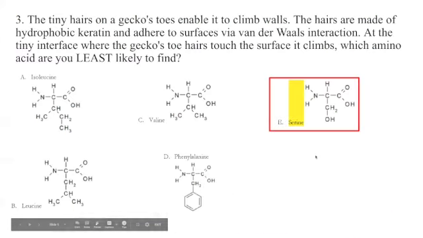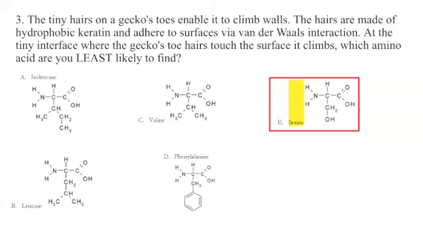3, the tiny hairs on a gecko's toes enable it to climb walls. The hairs are made of hydrophobic keratin and adhere to surfaces via van der Waals interactions. At the tiny interface where the gecko's toe hairs touch the surface it climbs, which amino acid are you least likely to find?